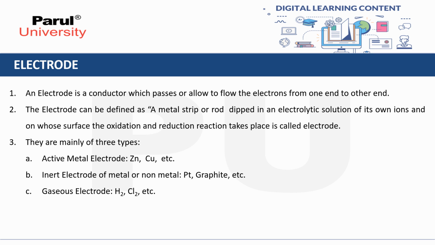They are mainly of three types: active metal electrodes, for example zinc, copper, etc., and the inert electrode of metal or non-metal, for example platinum, graphite, etc. And the third type of electrode is gaseous electrode, which includes, for example, hydrogen gas electrode, chlorine gas electrode.